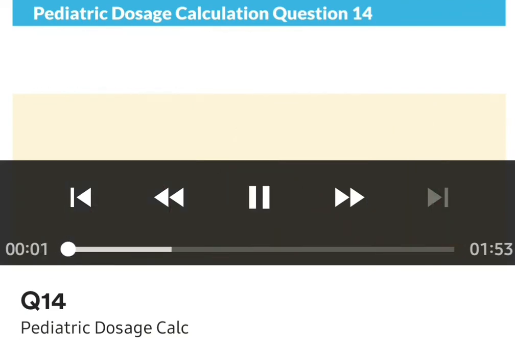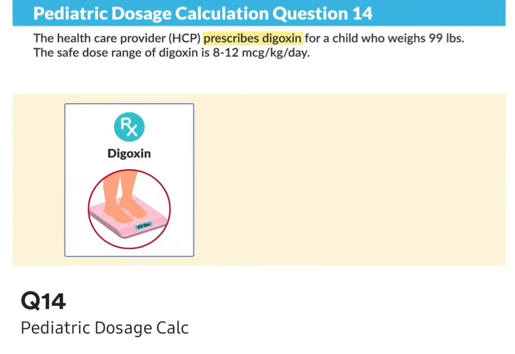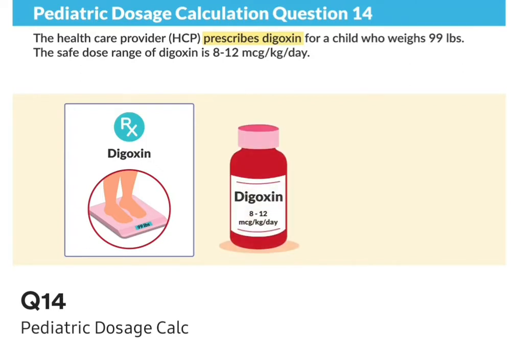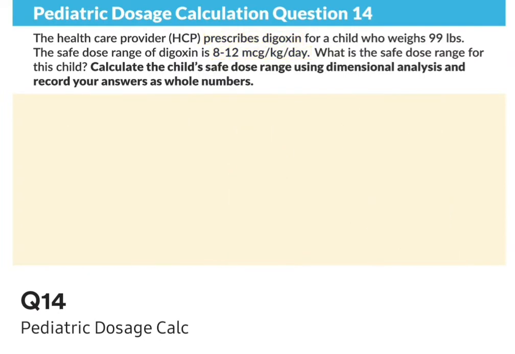Now, moving on to question 14, the provider prescribes digoxin, the toxin here, for a child who weighs 99 pounds. The safe dose range of digoxin is 8 to 12 micrograms per kilogram per day. So what is the safe dose range for this child here? All right, so let's set up the formula as usual.